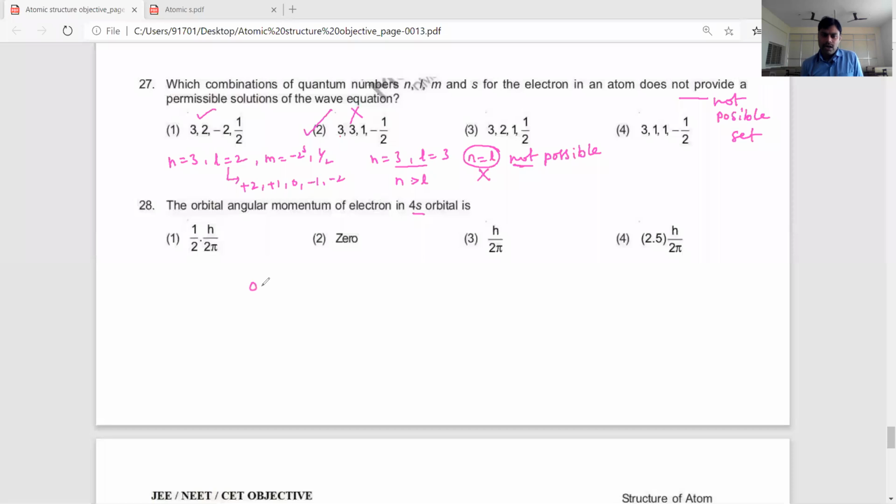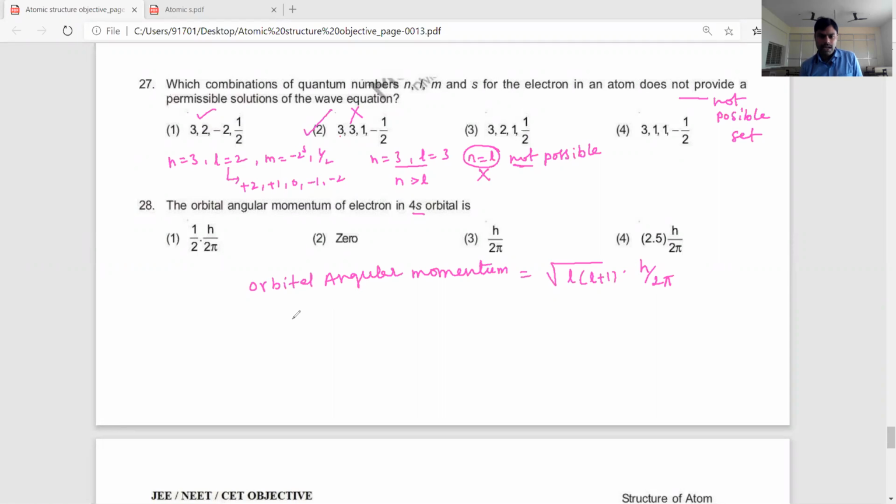Next, the orbital angular momentum of an electron in 4s orbital. What is the formula for orbital angular momentum? Root over l into l plus 1 into h by 2 pi.